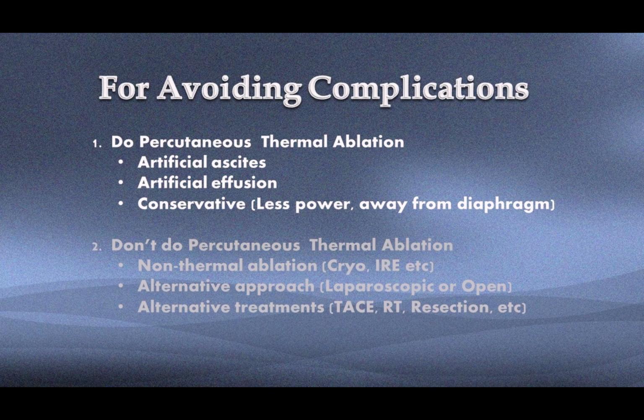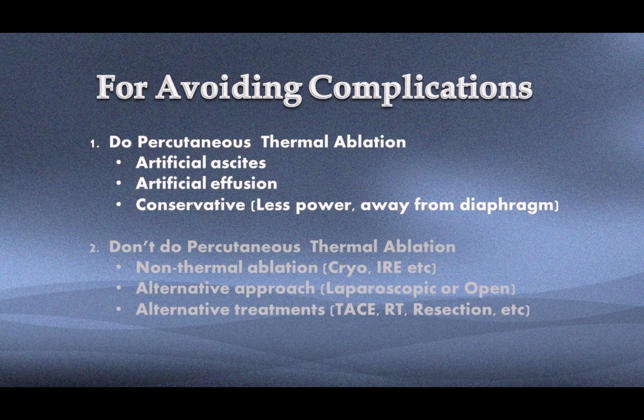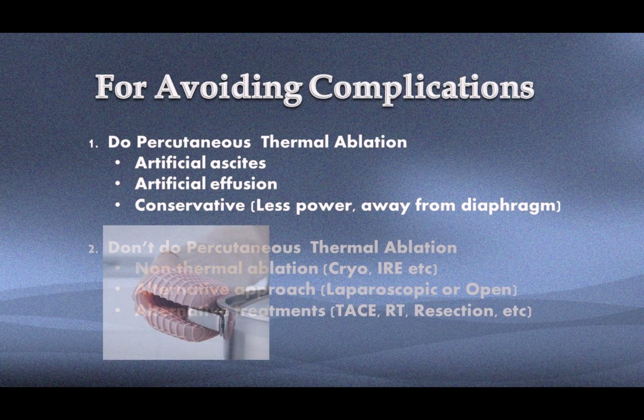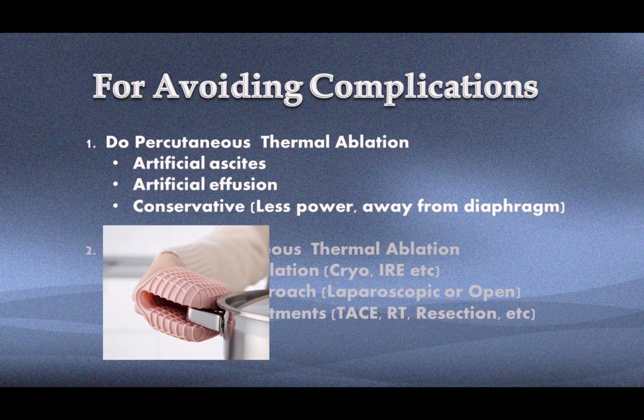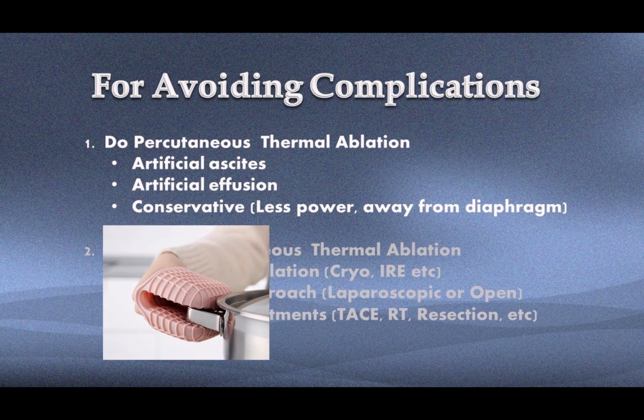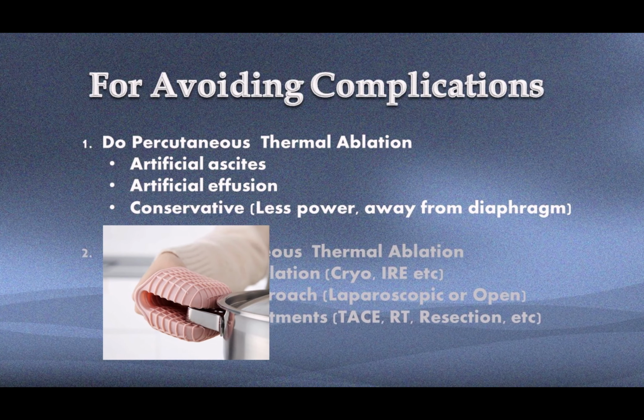For avoiding complications, if you do percutaneous thermal ablation, we should use artificial ascites or artificial effusion depending on tumor location. And also we can take more conservative strategies, including less power and staying away from the diaphragm.